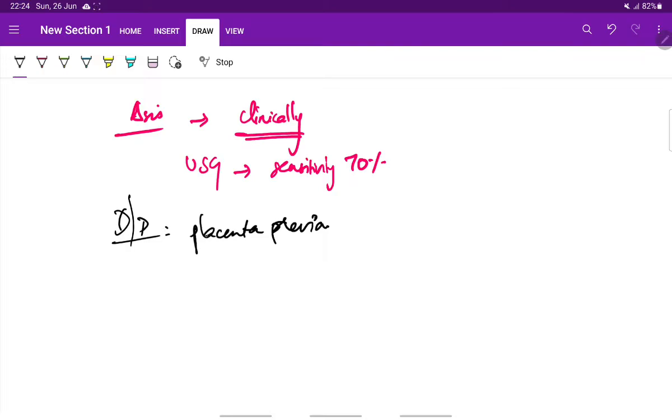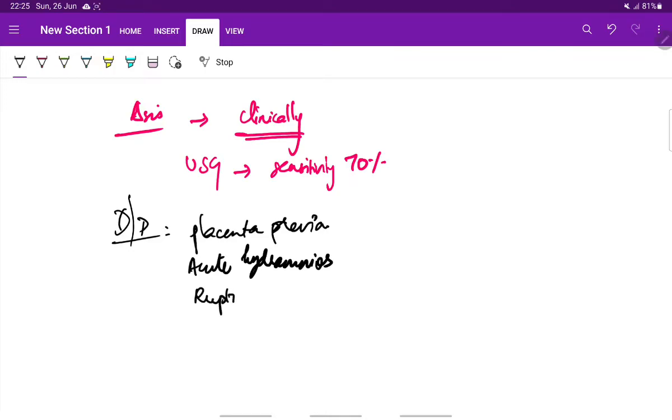The other differential diagnoses include acute hydramnios, in which there is sudden distension of the abdomen and there is increased pulse rate. For diagnosing acute hydramnios also, ultrasound is helpful.